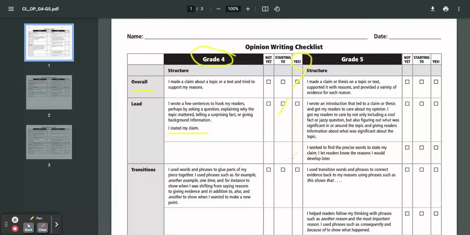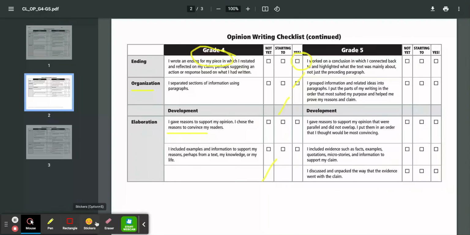So if you've done this, you would say yes. Maybe you did on some of your body paragraphs, but not all, so you might be starting to. Or you may have forgot them completely, so you're at not yet. All right, let's move on to this next page.